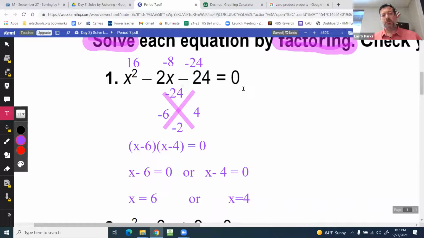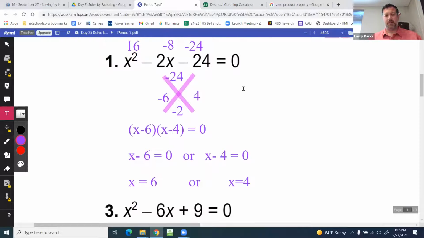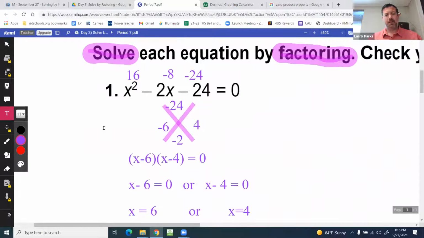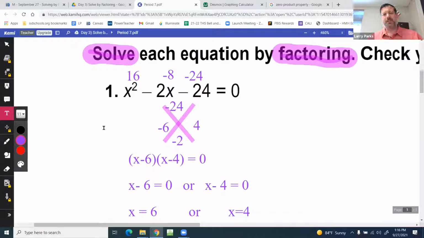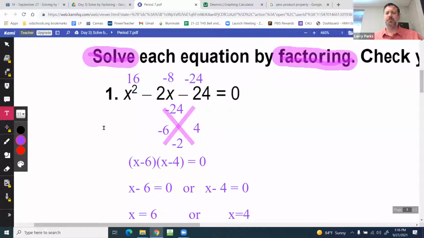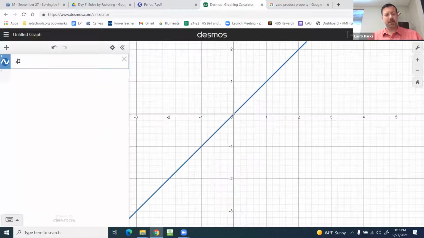Uh-oh. That's not good. Minus 2 times 4 is -8. 4 times 4 is 16. Huh. I'm going to go type it in by graphing.